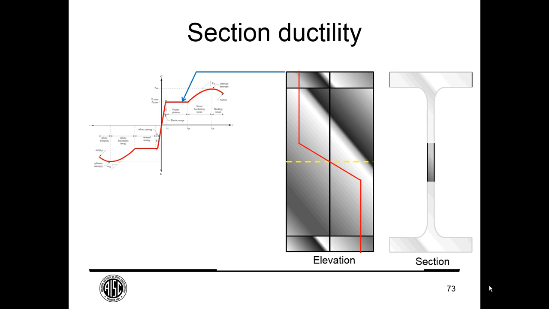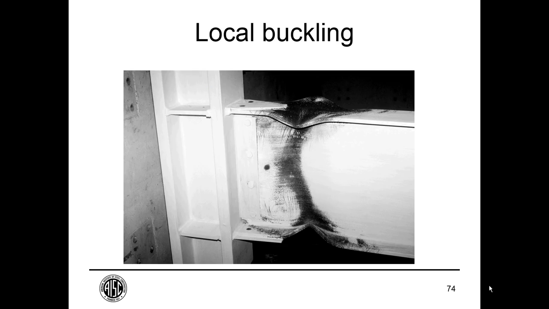So I want to be able to go through fairly high strains in that flange and not be subject to rupture or premature local buckling. So this is a moment frame connection. I don't know that this local buckling was premature, but eventually the ductility was limited in this case by local buckling. Of course, many of these moment frame connections, the ductility will either be limited by local buckling or by flange rupture.